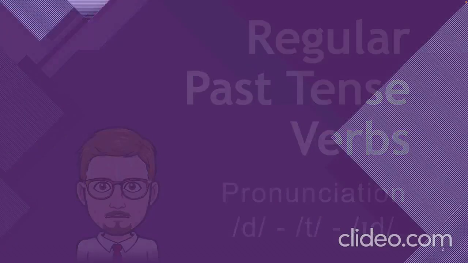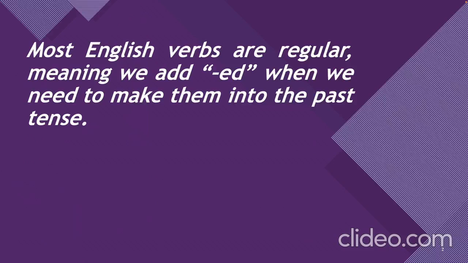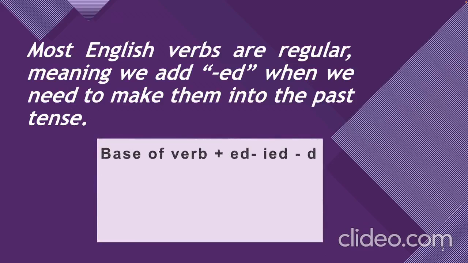So let's review a little bit of regular past tense. Most English verbs are regular, meaning we add ed when we need to make them into past tense. So we basically have the base of the verb plus ed, or id, or d, depending on how they end.